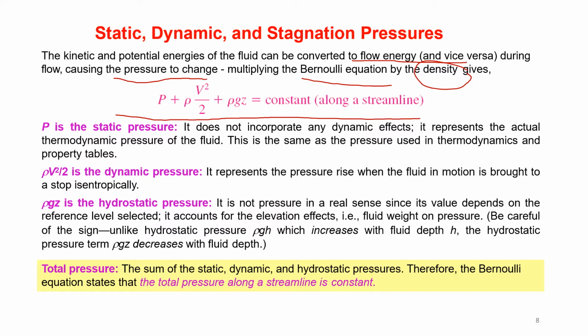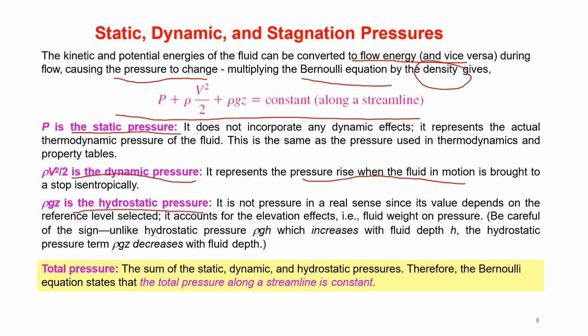The pressure head just now becomes the static pressure. P is the static pressure, and the kinetic head from earlier becomes the dynamic pressure.